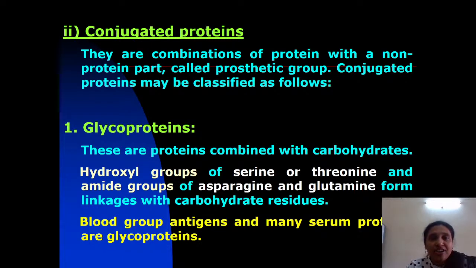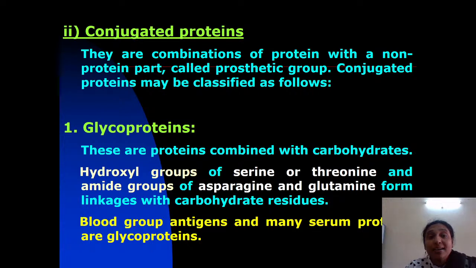If less than 4% carbohydrate is there, the so formed conjugated protein is called glycoprotein. Most of the serum proteins and blood group antigens are glycoproteins, right? If more carbohydrate content is there in combination with the protein, the so formed conjugated protein is called proteoglycan or mucoprotein.